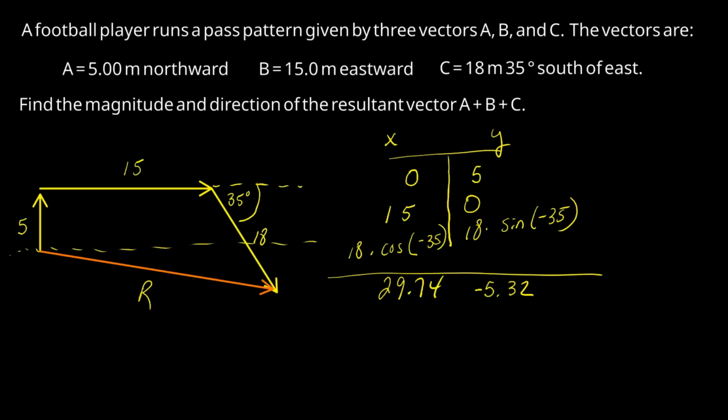Let's solve for our resultant. The resultant is going to equal the square root of 29.74 squared plus negative 5.32 squared. So the result is going to be 29.26 meters.